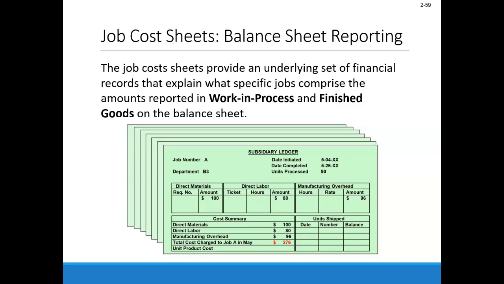Basically, each job is a little mini set of the costs that have been assigned to those jobs. If the job has not been completed, it's still going to be in that inventory section called work in process. If the job has been completed, it's going to be in an inventory category called finished goods. If the products have been sold, then it's not even going to be in inventory anymore. It's going to be in a cost of goods section on the income statement.